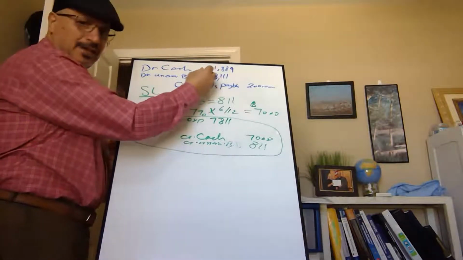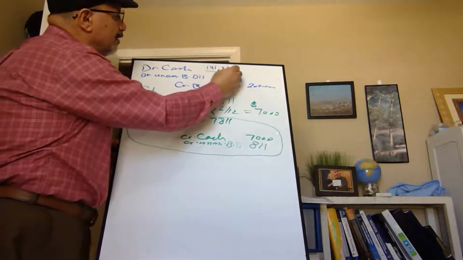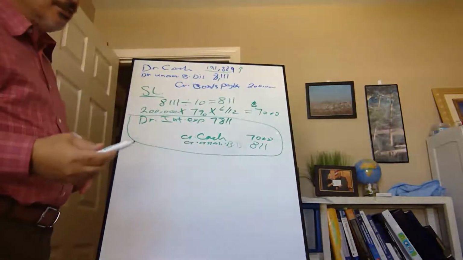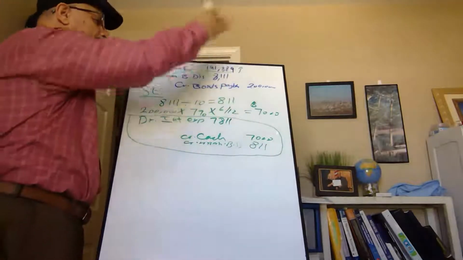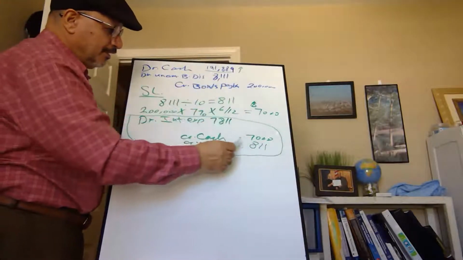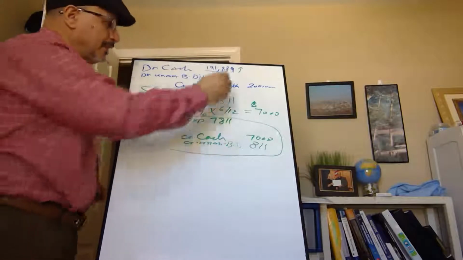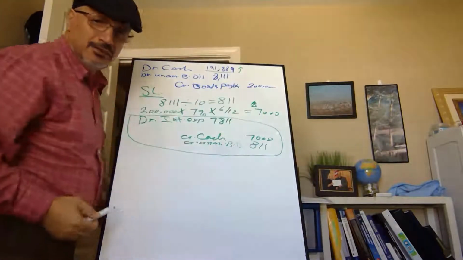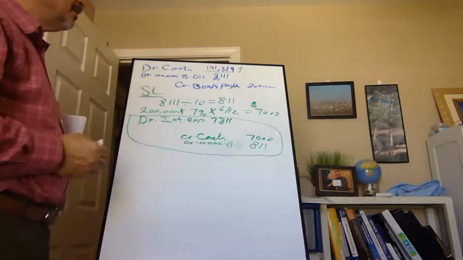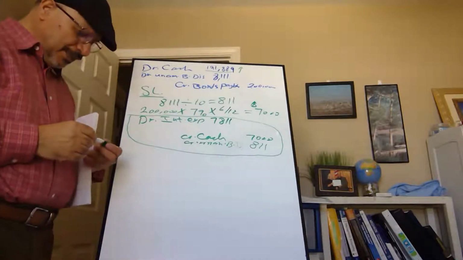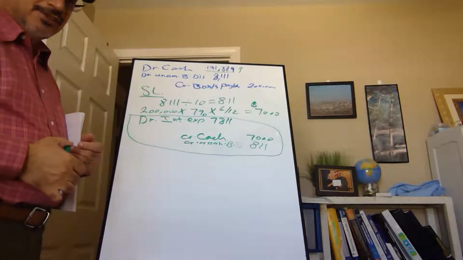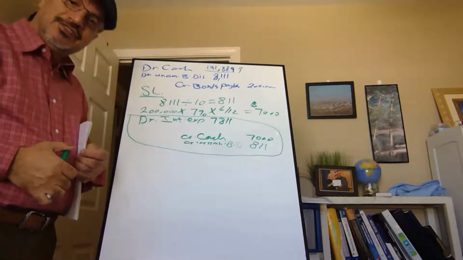The 191 is going to go up a little bit toward the face value. It's going to go up by 811 every period until it gets to $200,000. Okay, that is the straight line. Amortizing discount using the straight line.